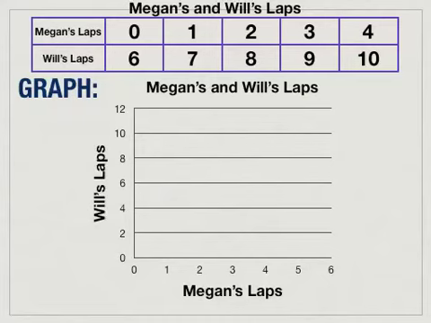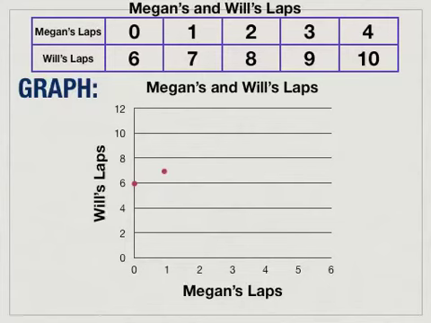Now I'm just going to plot these points. On the x-axis, when Megan's laps were 0, so I'm starting at 0, Will's laps were 6. So I need to stay at 0 on the x-axis and go up to 6 on the y-axis and plot a point there. When Megan's laps were 1, so on the horizontal line I'm going to go to 1, Will's laps were 7.